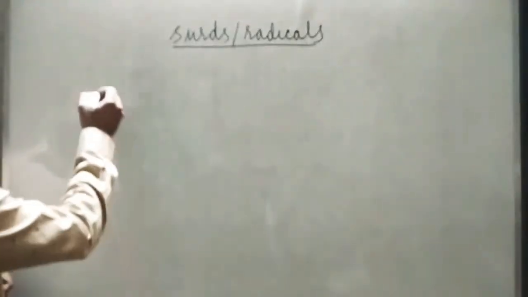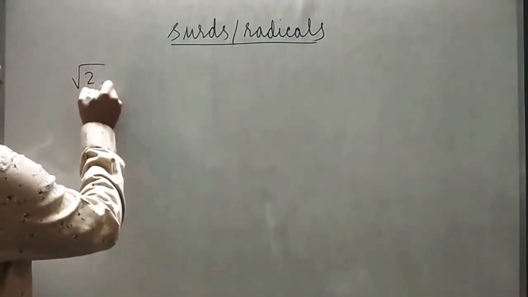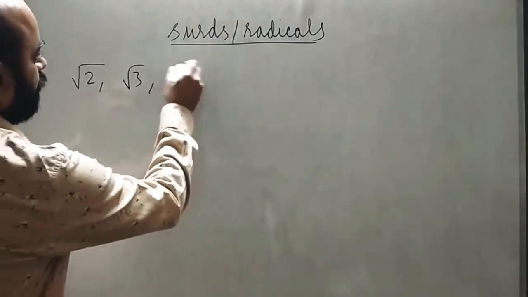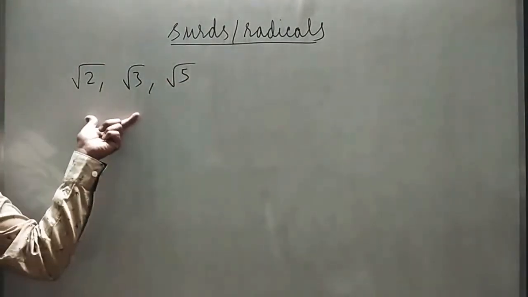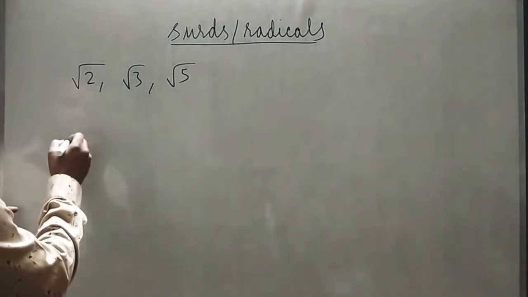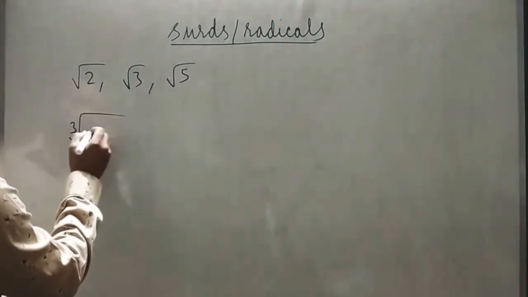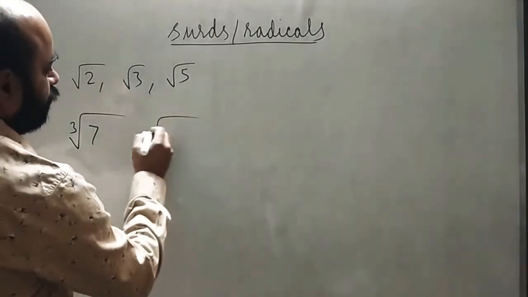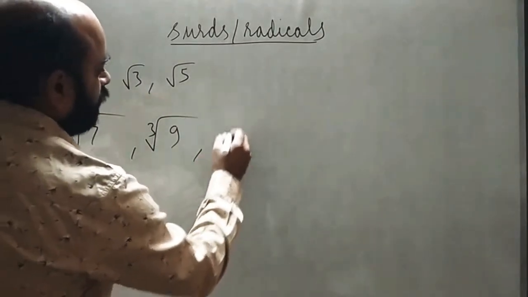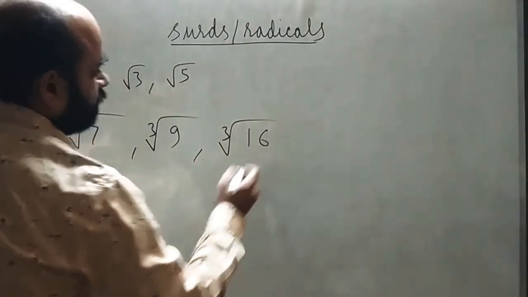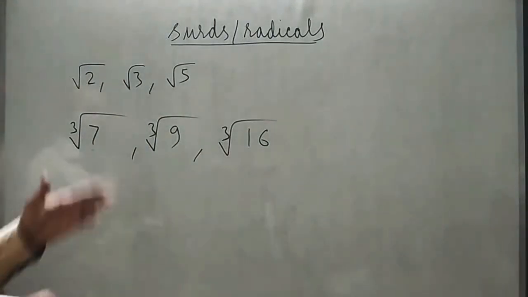See, these kinds of numbers: square root 2, square root 3, square root 5. You have studied, these are irrational numbers. Similarly, you have studied cube root of 7, cube root of 9, cube root of 16. So what is the problem in these numbers?